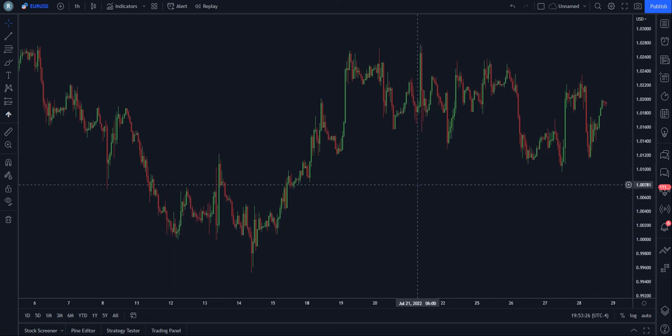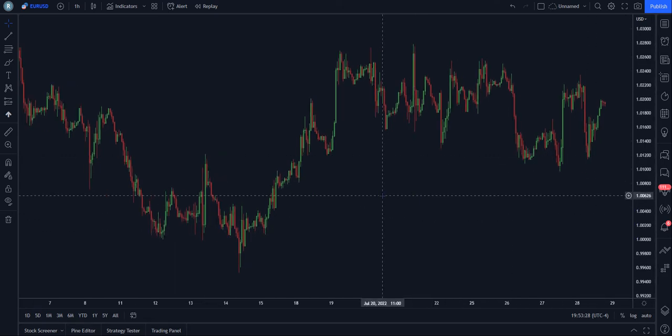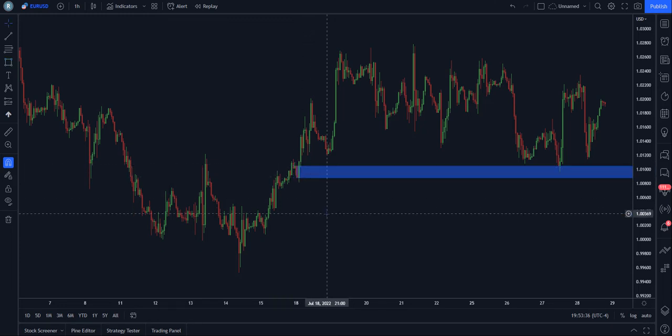So first thing I'm going to mark out is this demand area. Specifically this area, because this is the demand zone that broke this high. This is a significant high here.